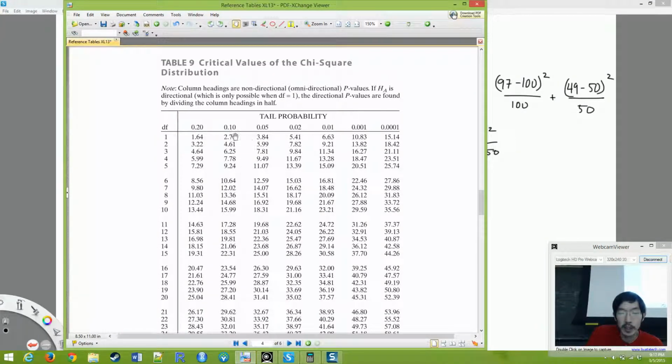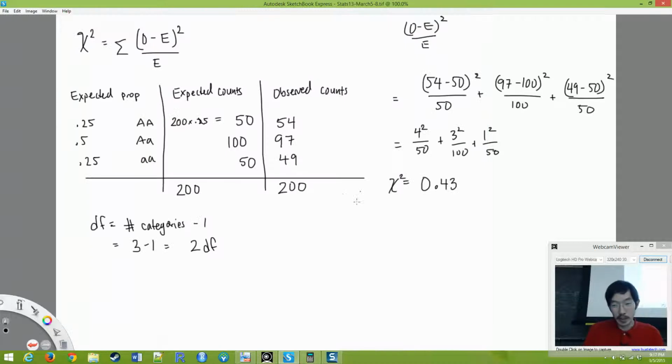Okay, and so my tail probability is going to be, whatever it is, more than 20%. Okay, because the very first number is 3.22. So 0.43 fits right there. Okay, so that means my tail must be greater than 20%. Okay.